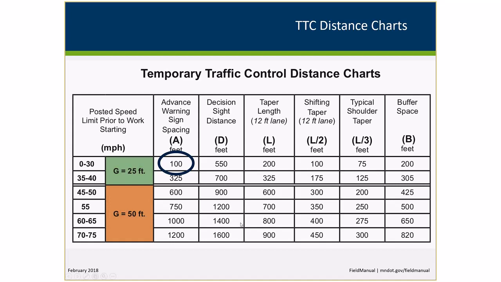One of the big changes that was made to the temporary traffic control distance charts was the advanced warning sign spacing on speeds of 30 miles an hour or less.